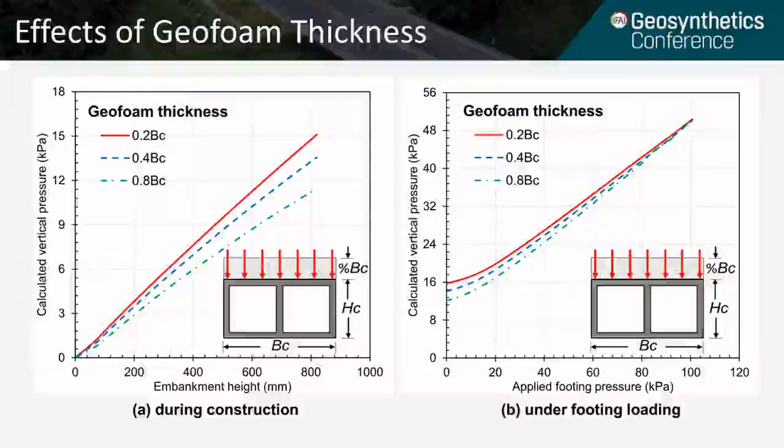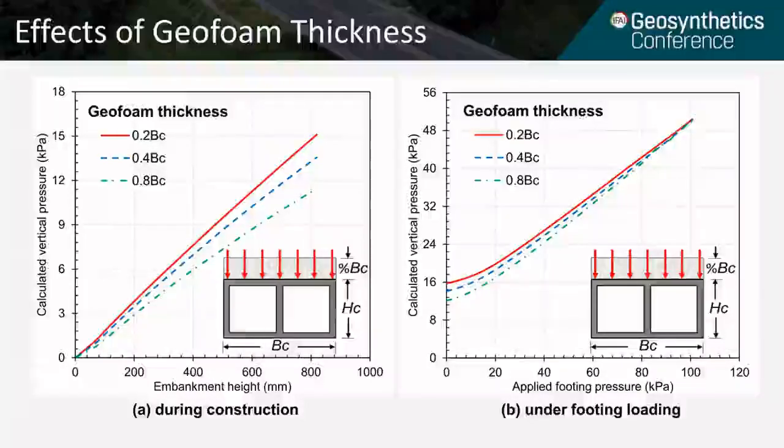As I mentioned before, we investigated three thicknesses for the geofoam: 0.2 BC, 0.4 BC, and 0.8 BC. As we can see from the left side figure, using 0.8 BC has the highest reduction in the pressure on the culvert during embankment construction.